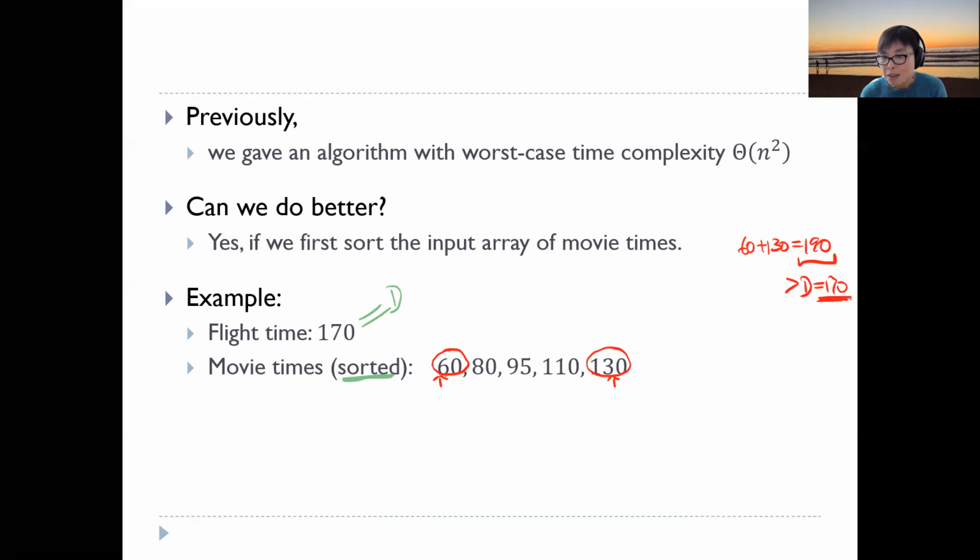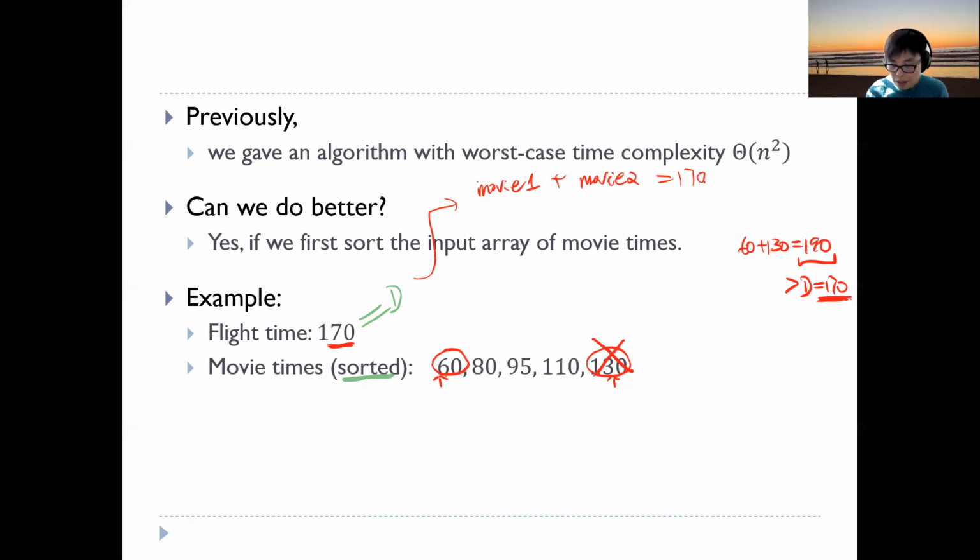What does it mean? That means that 130 cannot be one of the movies which gives me 170. Your goal is to find movie 1 plus movie 2 whose total time is 170, and 130 cannot be that movie.